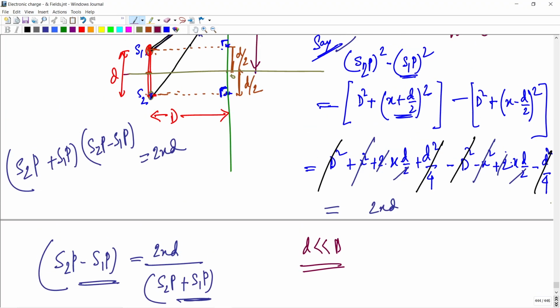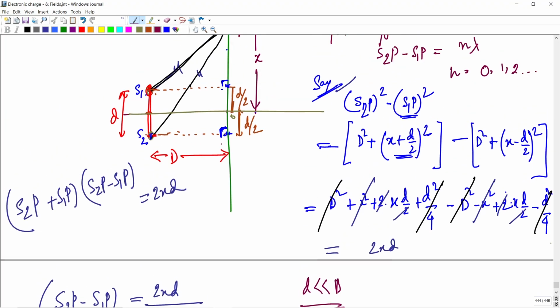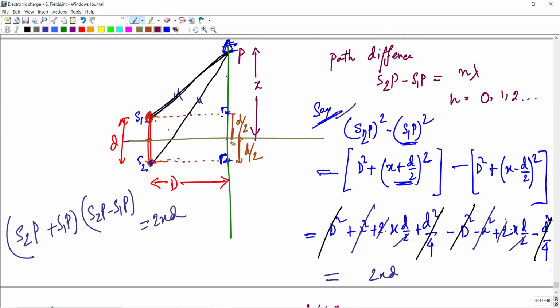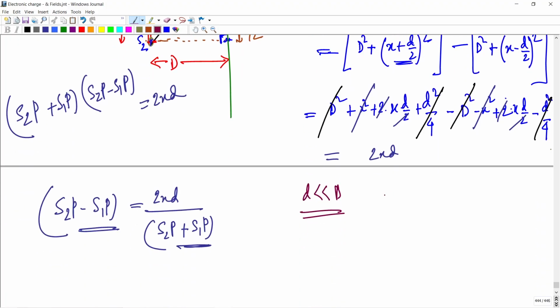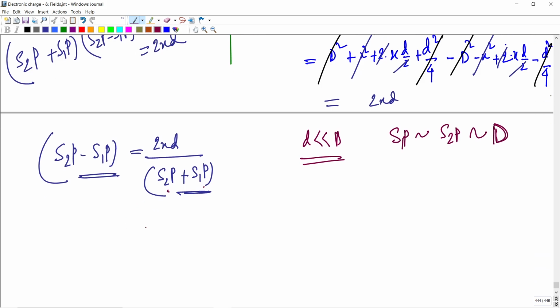If small d is much lesser than capital D, then S2P and S1P almost look similar, and also similar to the D length. So D plus D gives 2D. That is, twice xd by twice capital D equals n lambda, the path difference.